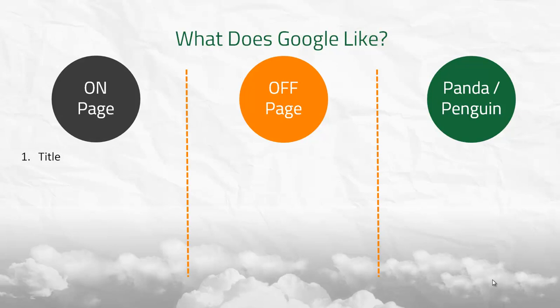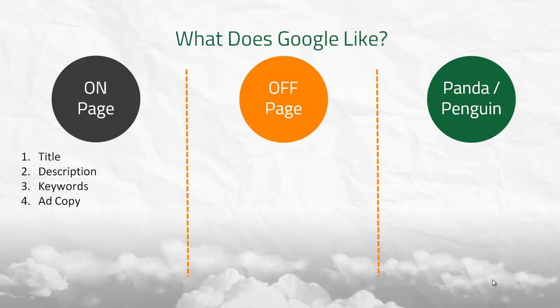First, we have the on-page, and we want to look at what's the title. Every page has a title. Every page has a description. Every page has keywords associated with it. Every page has ad copy, which is the actual content on the page.